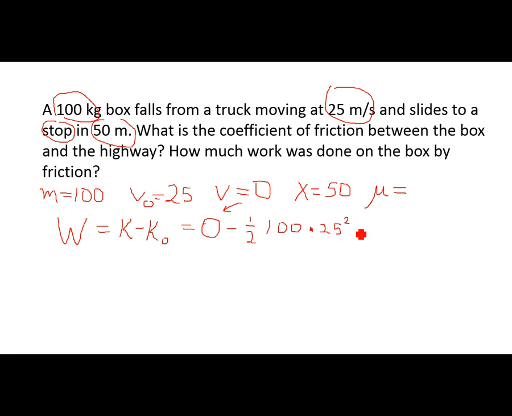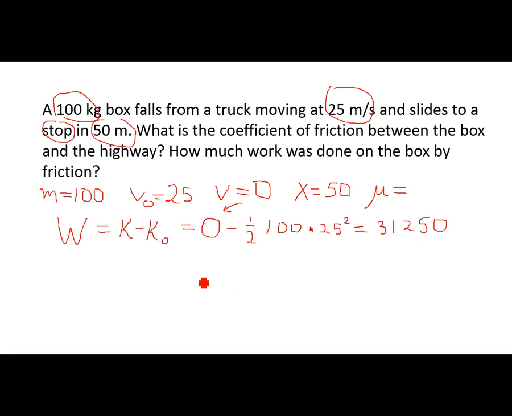So, gosh, we've got everything on that side. We've got 625 as v squared. So times 100 is 62,500. So that's going to be 31,250 on the right-hand side.